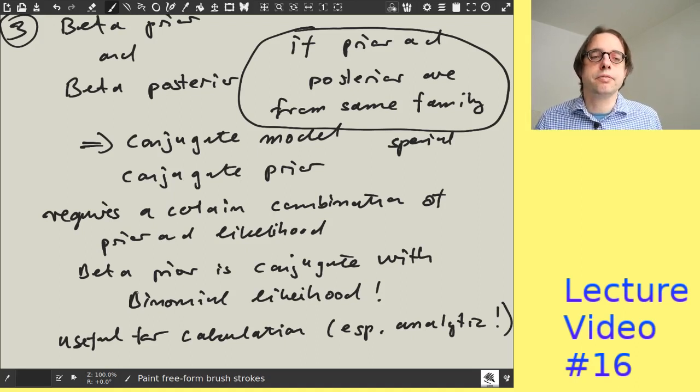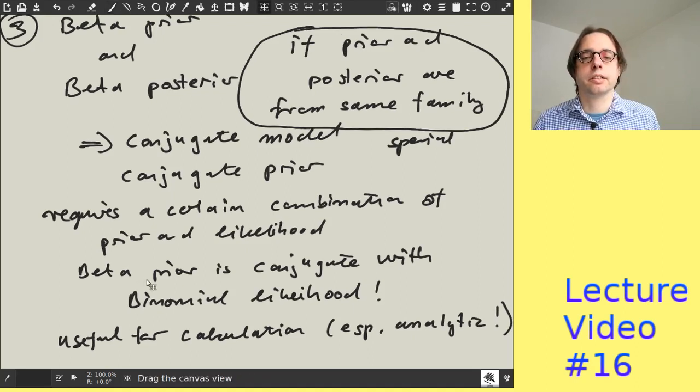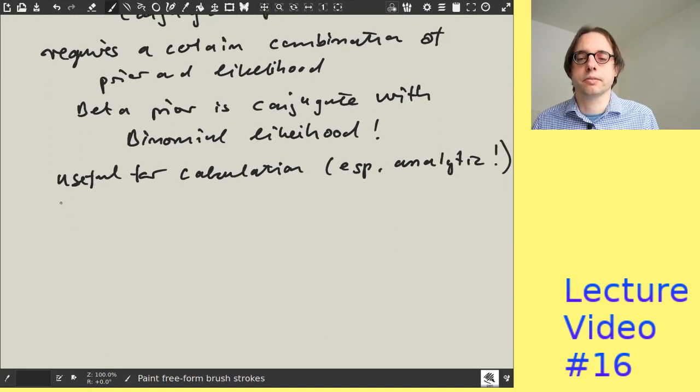In the exponential family, these models have the advantage that you can always find conjugate priors and conjugate likelihoods, so they are simple to use.